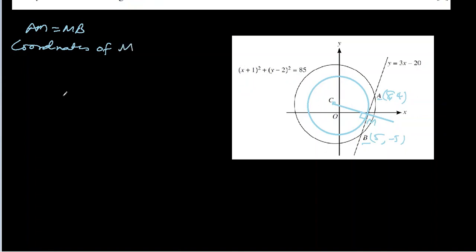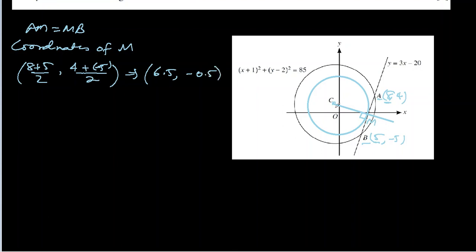It will be (8 plus 5) divided by 2, x1 plus x2 divided by 2, and then we'll have 4 plus minus 5 divided by 2. 13 divided by 2 is 6.5, and minus 1 divided by 2 is negative 0.5. That is the coordinate of M.